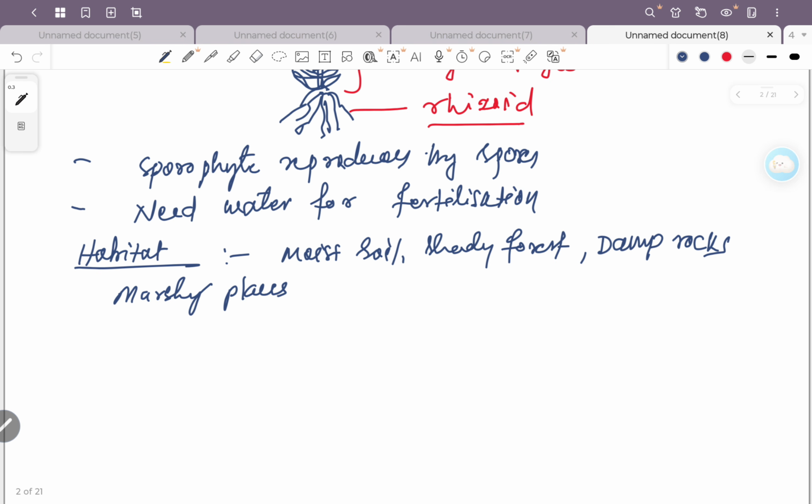Marshy means these are moist places, and river bank, etc. Now this plant body is thalloid.